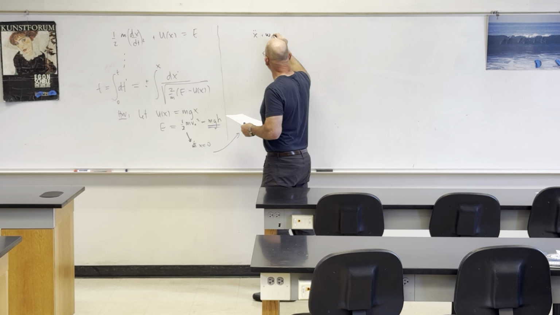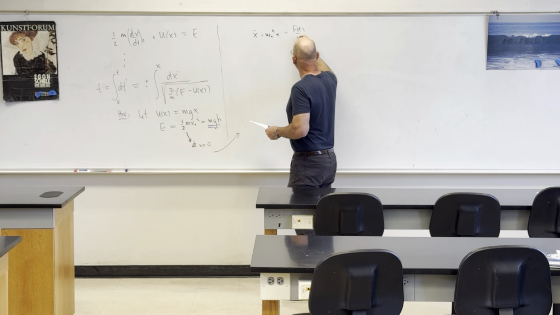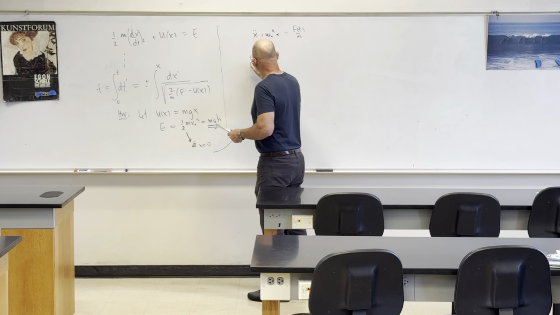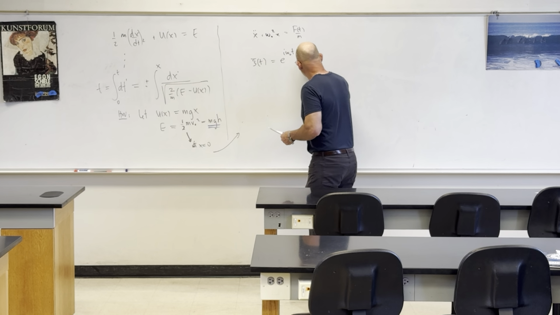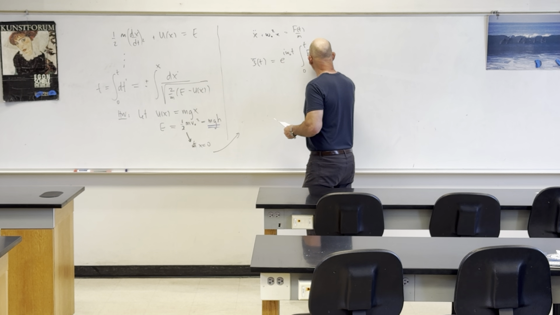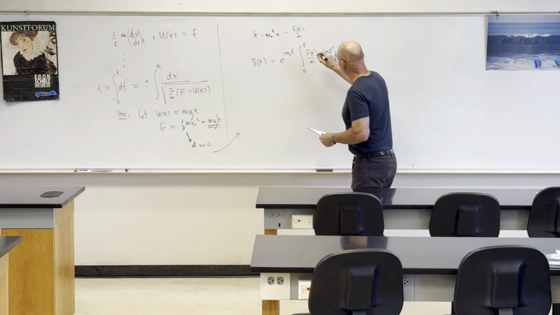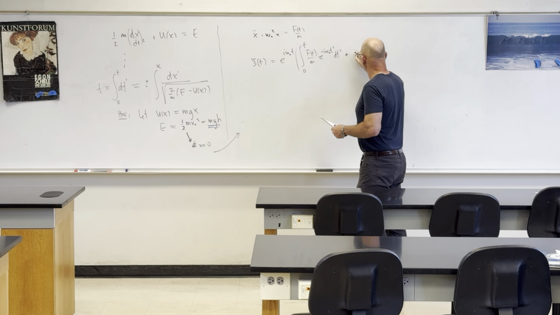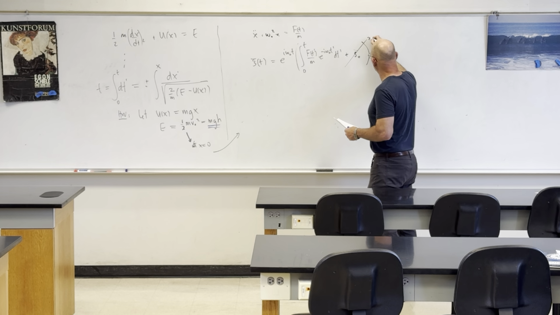So x double dot plus omega naught squared x equals f of t over m. And then we have c of t, e to the i omega naught t, integral 0 to t, f of t prime over m, minus i, actually, C sub 0 that we are going to ignore.